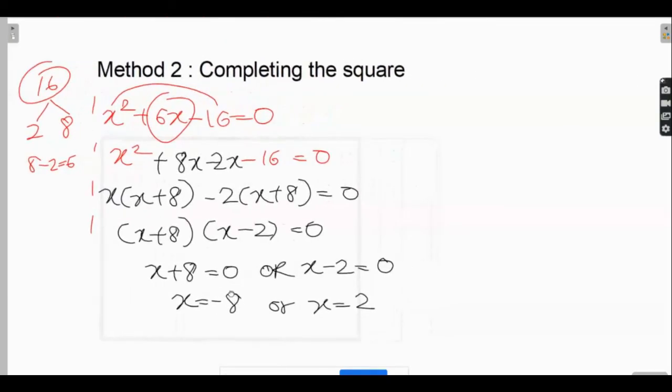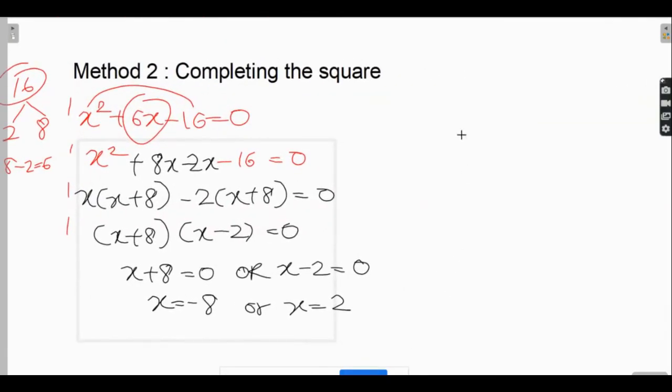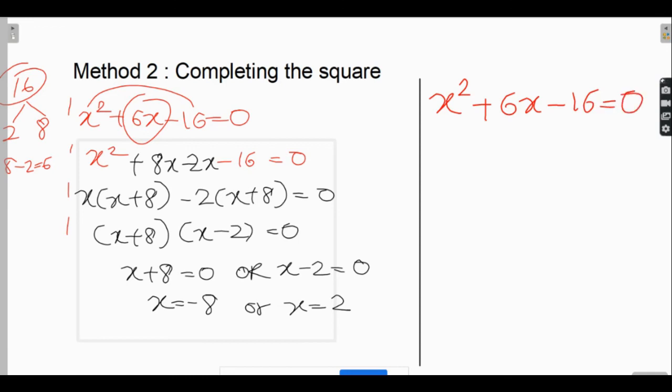Now what I am teaching you is completing the square. Same question I am copying, but I am going to do it with the completing the square method. And completing the square is much shorter than factorization. Sometimes you don't get factors, then you get confused. With this method you don't have any scope of confusion.